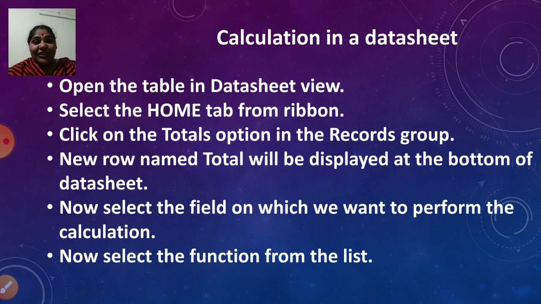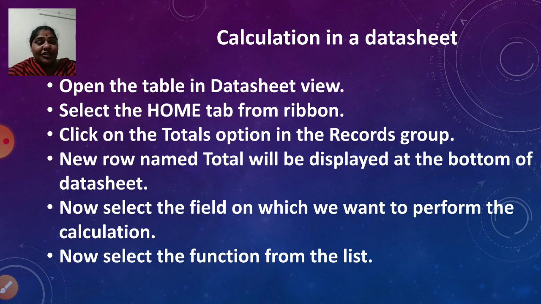Suppose, for example children, there is a table of students data with name, class, division, roll number, then marks. You can total the marks, you can find the average, you can see who is the highest and who is the lowest in the class. All these calculations you can perform on particular fields in your data sheet.